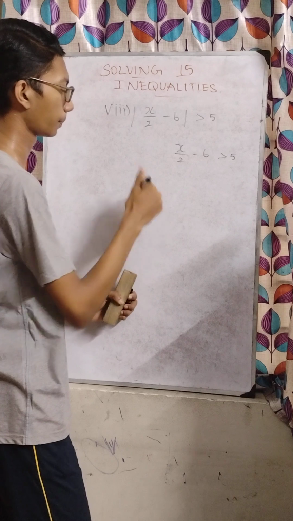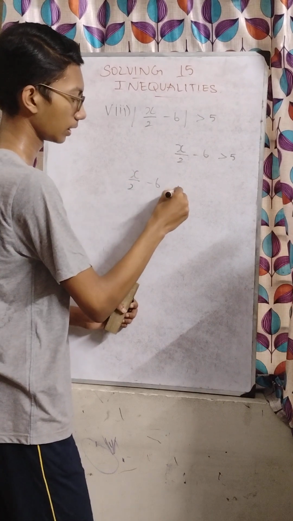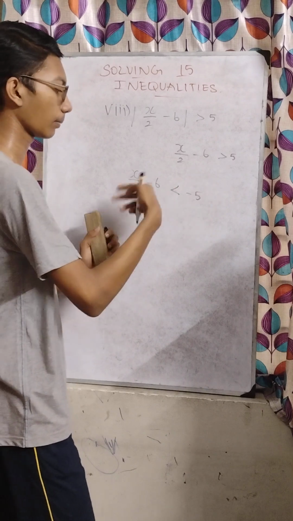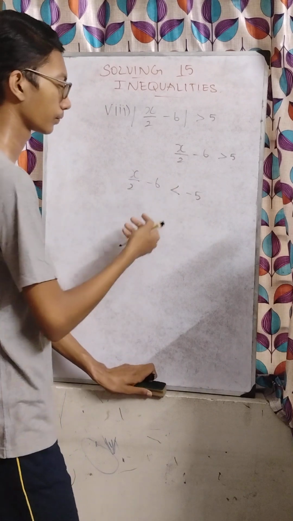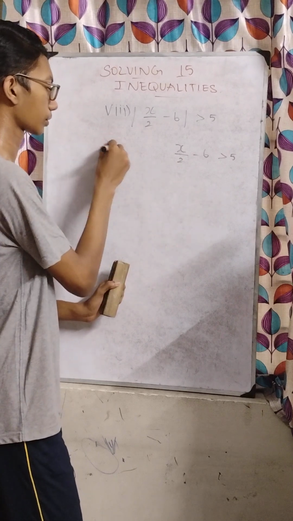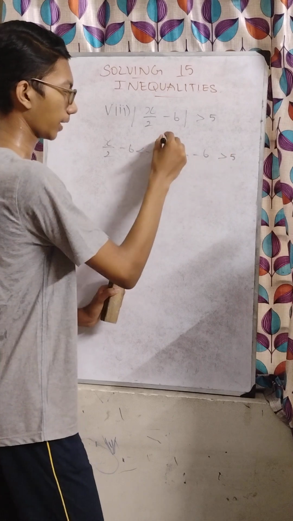So we can also put x by 2 minus 6 is less than minus 5. We will solve these two.